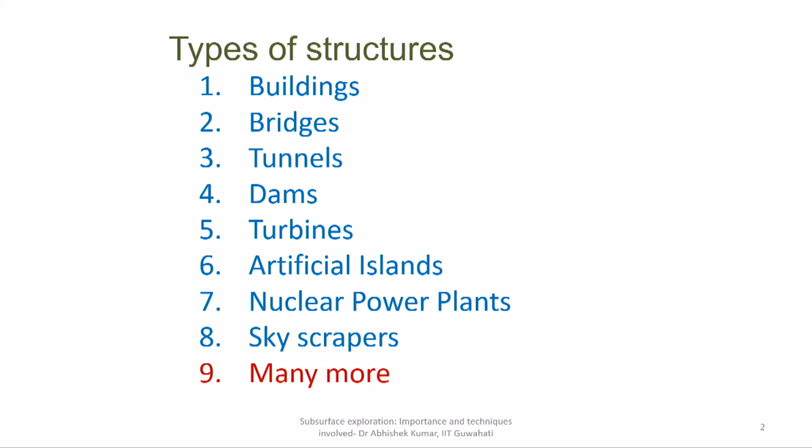So, before going to the content, let us discuss different kinds of structures we know as civil engineering students and professionals. These are some types of structures which we can see in and around us, starting with buildings, bridges, dams, turbines, even creation of artificial islands, which is nowadays very popular, nuclear power plants, skyscrapers, and many more varieties of civil engineering structures which are now in practice, which perhaps were not there maybe 1-2 decades back.